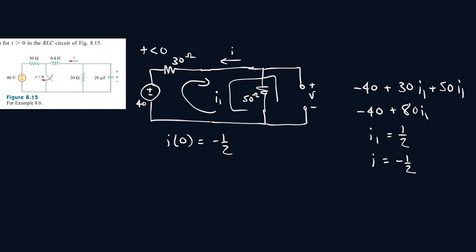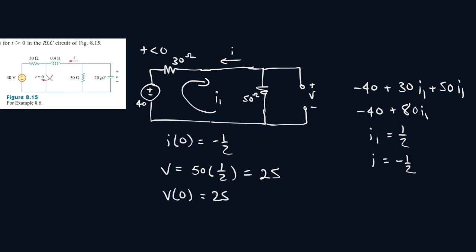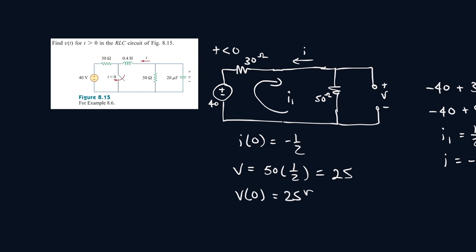So let's find the voltage at this resistor, which will be the same as the voltage of the capacitor here. So V will be equal to 50 times 1 over 2, and that's 25. And that's going to be V0, because same thing, when we turn the switch on, the voltage at the capacitor can't change instantaneously.